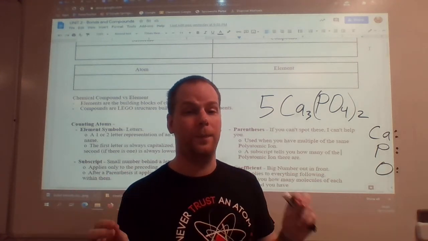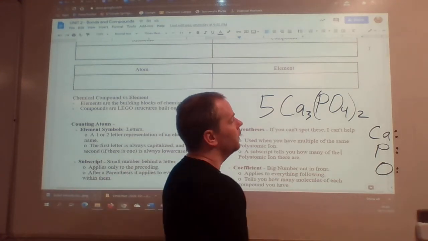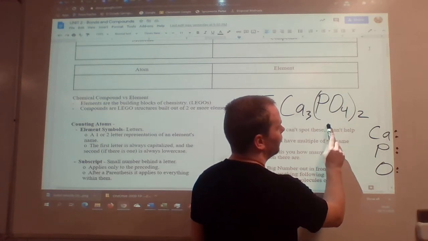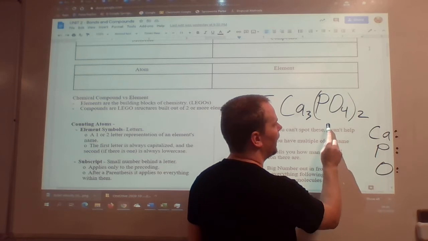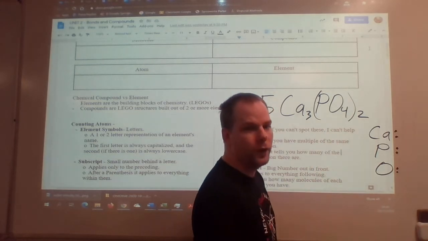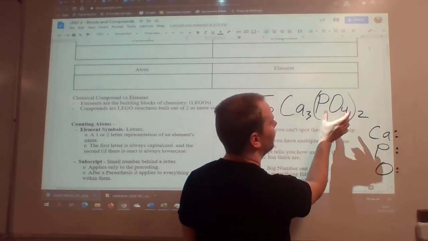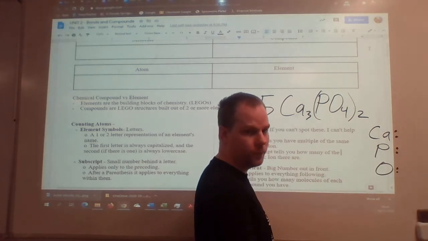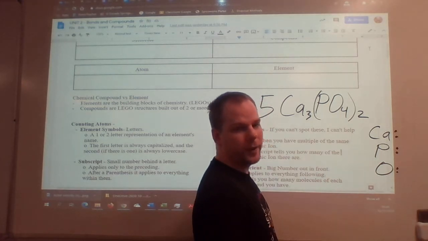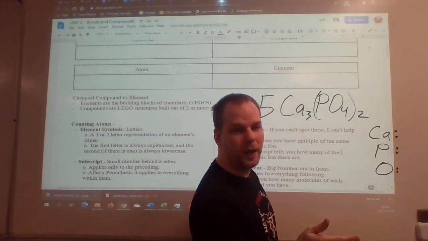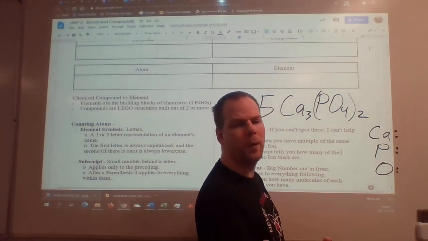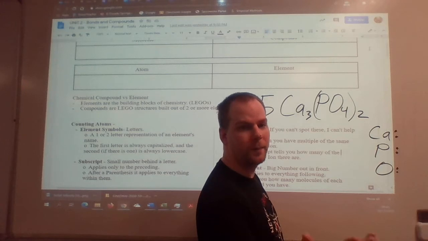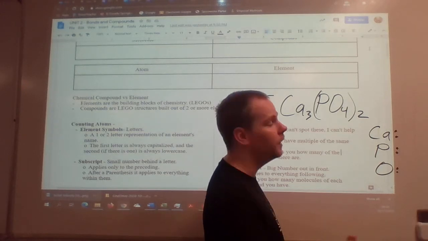In this compound, there have to be 2 phosphate ions, so it's saying that there are 2 of these present. A polyatomic ion is kind of like a mini compound that becomes part of a larger compound, kind of like an amino acid in a protein, if that makes sense to you biology people.